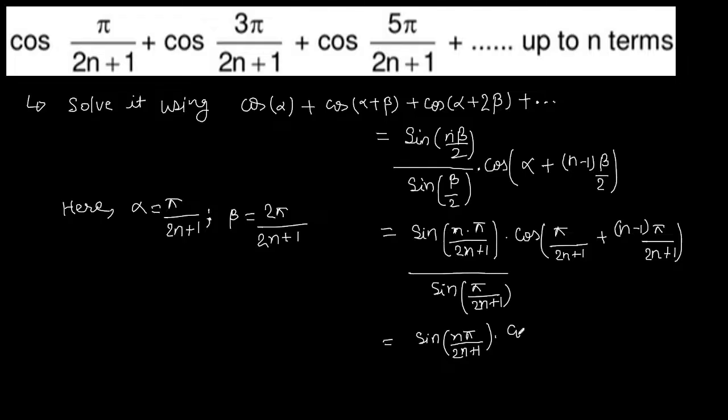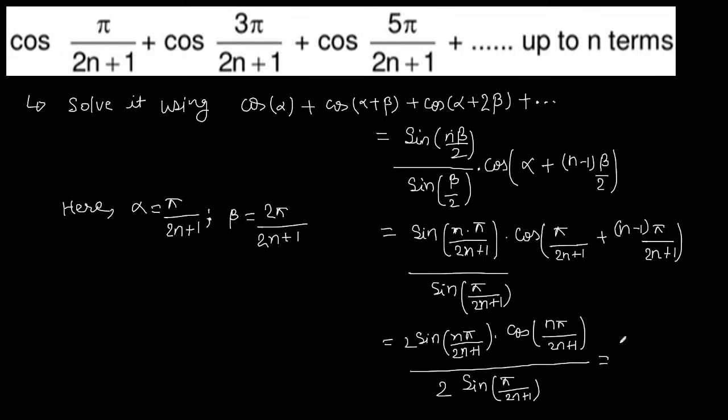This is cos n pi by 2n plus 1, whole divided by sine pi by 2n plus 1, multiplying with 2 and dividing with 2.